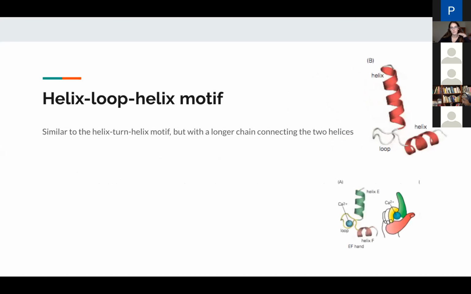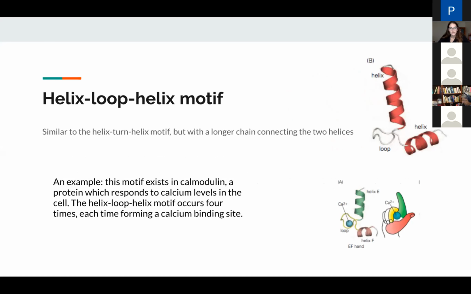The second motif we're going to look at is the helix loop helix motif. It's very similar to the helix turn helix motif that we just talked about. The only difference is that there's a longer chain connecting the two helices, with way more amino acids, and it's called a loop. You can see the structural drawing again.